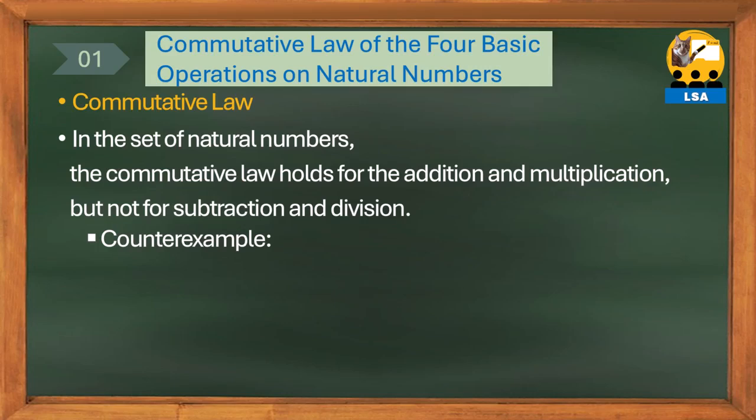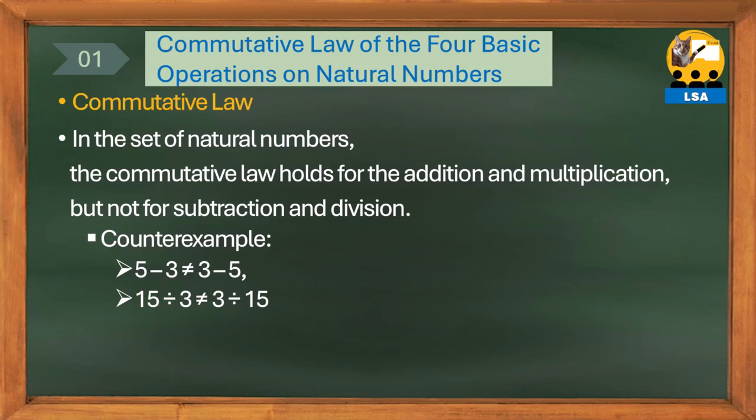In subtraction, subtracting 3 from 5 yields a different result than subtracting 5 from 3, so the commutative law does not hold. In the case of division, changing the dividend and the divisor also changes the result, so the commutative law does not hold.